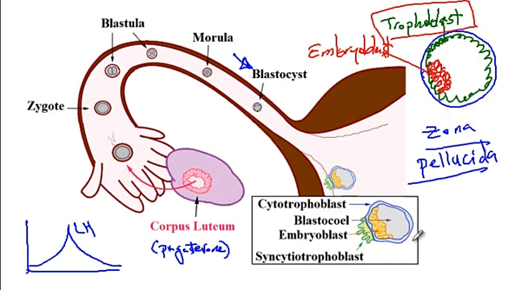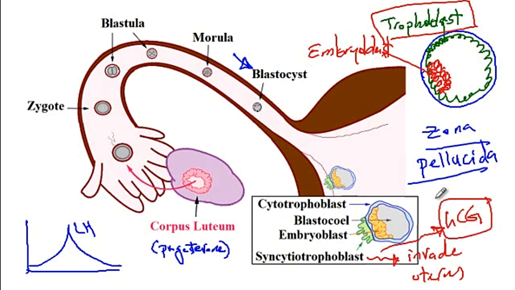Cytotrophoblast, which is the inner cell layer, and these cytotrophoblasts will fuse to form syncytiotrophoblast, which is the outer cell layer, and these syncytiotrophoblasts are now able to invade the uterus, and they would also produce human chorionic gonadotropin, which is essential for maintenance of corpus luteum, so that corpus luteum can continue to produce progesterone and prevent menses from happening.